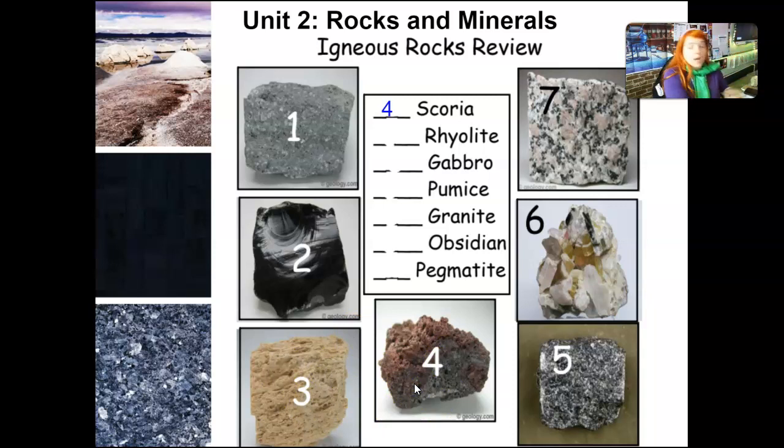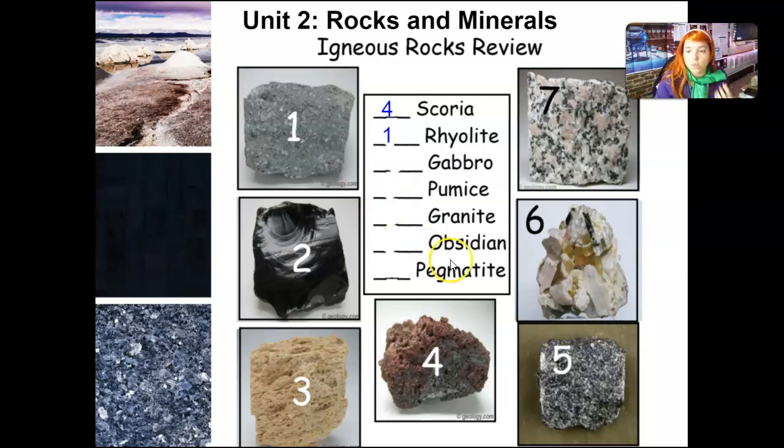Rhyolite. So again, I'm looking at this, and I find rhyolite right here. It's on the lighter side, and it's fine. So I'm going to look for one that is fine and light, right here, number 1. Gabbro. Looking at this, gabbro's right here. It's on the dark side, and it's coarse.